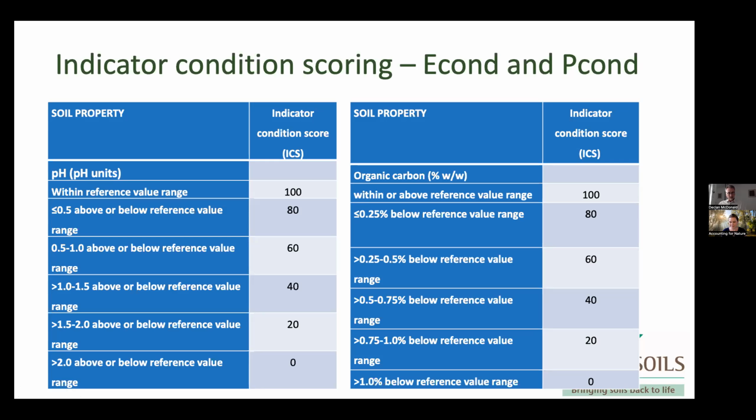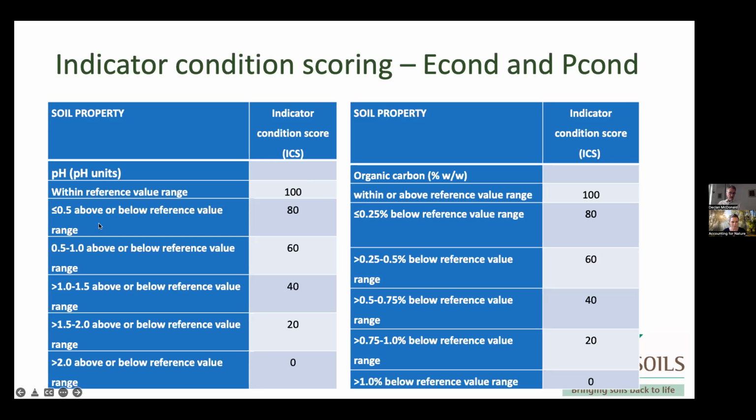Truffles will typically want a pH of greater than about 8.2, whereas blueberries will normally prefer a pH probably of 5.5 or lower. But for the vast majority of crops that we're growing and the soils that we're growing on, we're looking at pH values of, say, between 5.5 and 7.5. So we're looking then at deviations from that range.